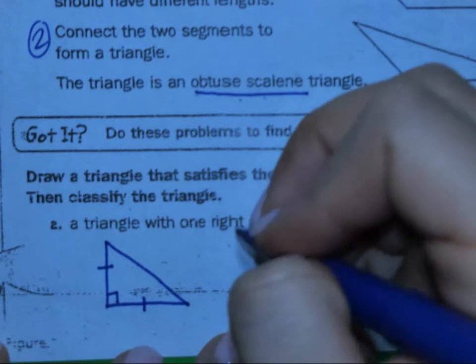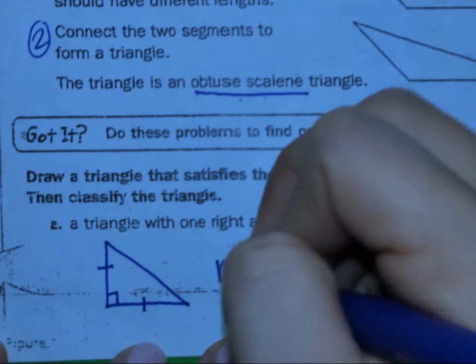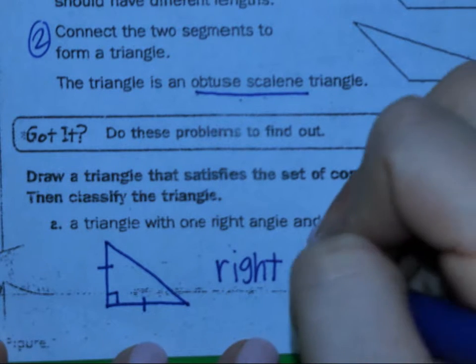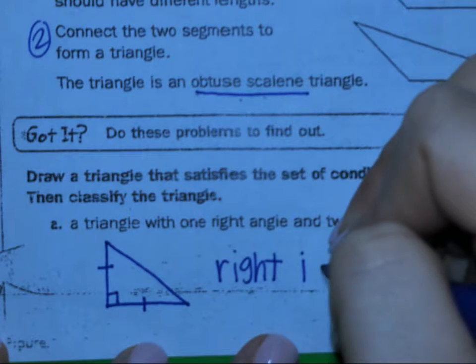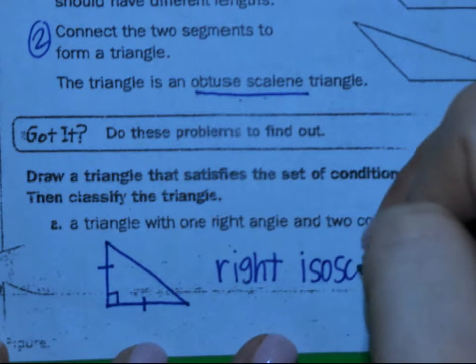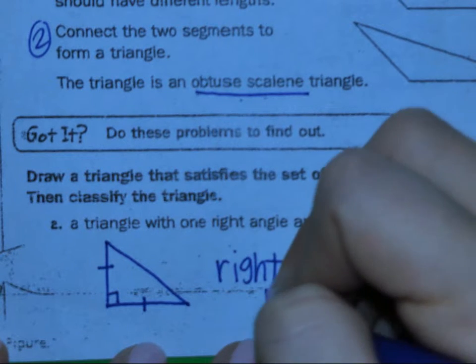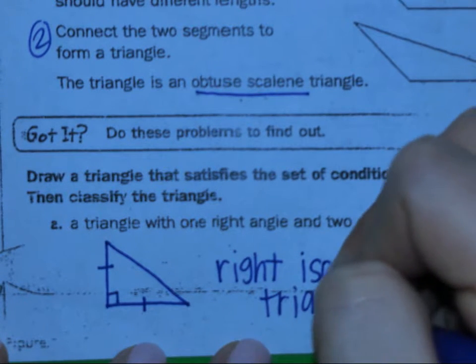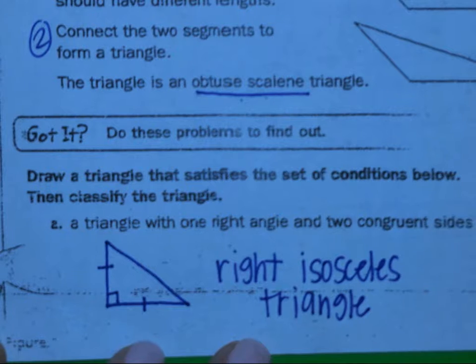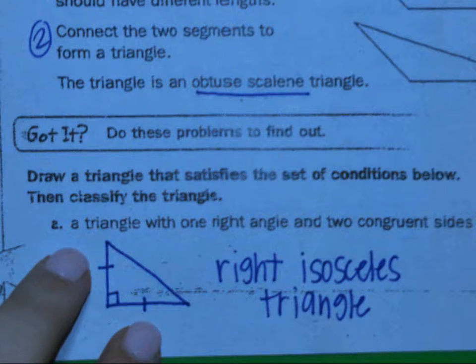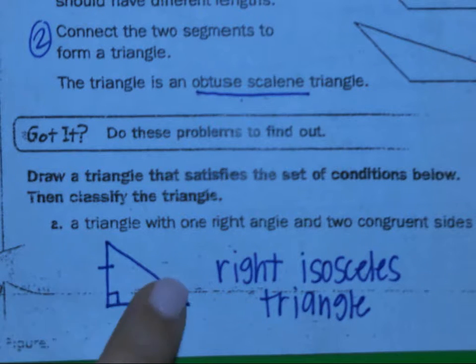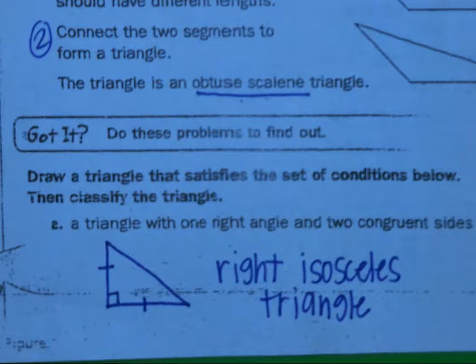Okay, so this is a right isosceles triangle. Remember, it's isosceles because isosceles triangles have two congruent sides, which is what we have right here. And then we can say that it's a right triangle because it has one right angle. Okay. Questions about that example?